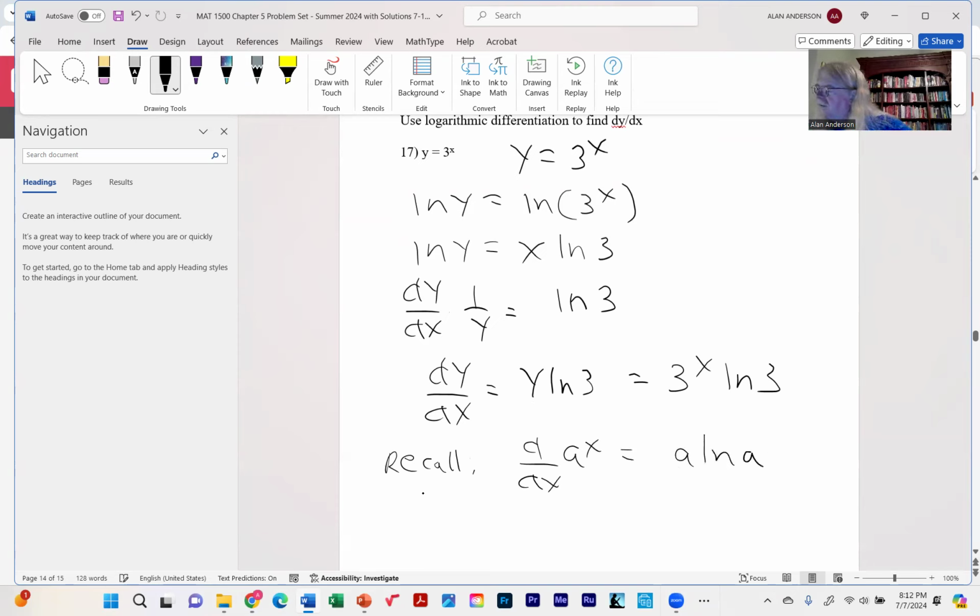So in this case, we would have the integral of 3 to the x dx. a is 3, of course. All right, here we go. Oh, that's it. Yes, that's it. So either way, we've got the right answer.